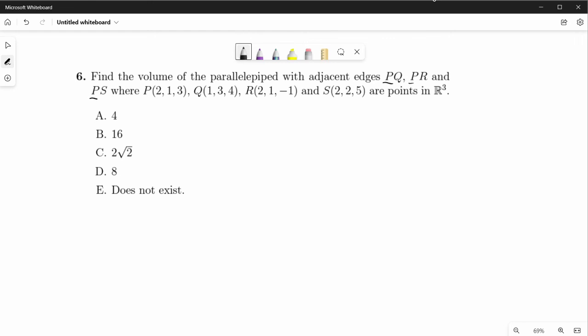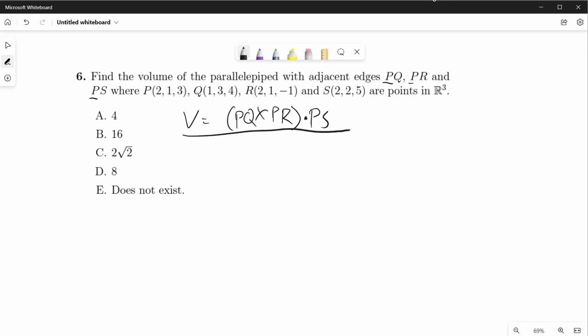So what we do is the volume would be the cross product of two of them, PQ cross PR, and then the resulting vector dotted with the third edge. That will give us a volume. The dot product is a scalar, so that checks out.